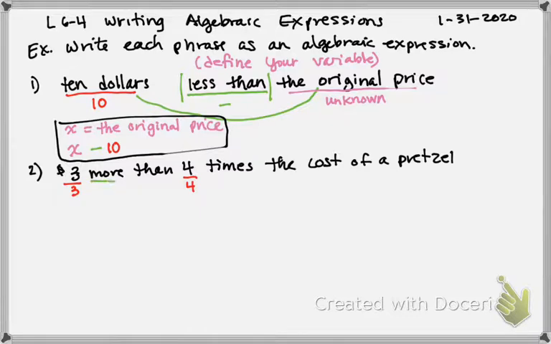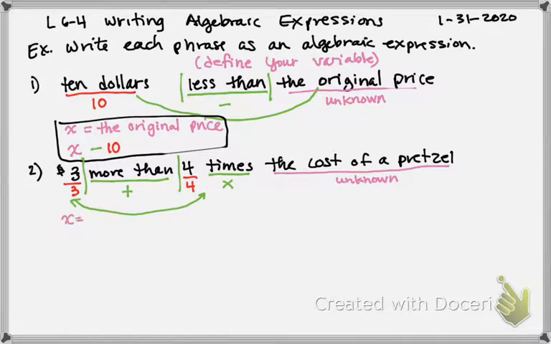I see more than, which is also a switcher phrase. Everything after the more than is going to go in the front, and everything in front of the more than is going to go in the back. That means to add. I see another word, times, which tells me to multiply. The only thing I don't understand is the cost of a pretzel, so that's our unknown.